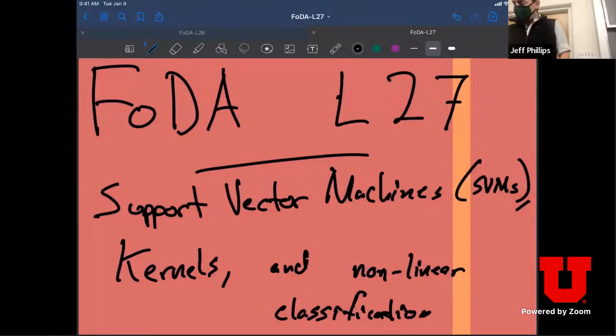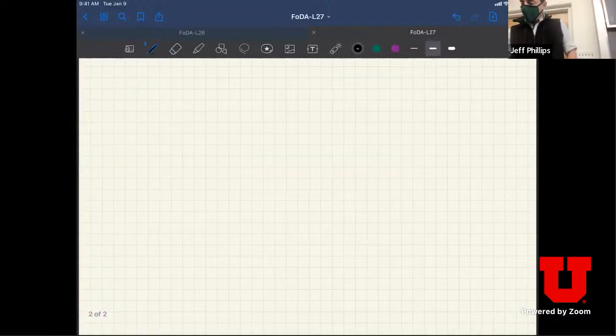So great. Let's start by reviewing the Perceptron algorithm.